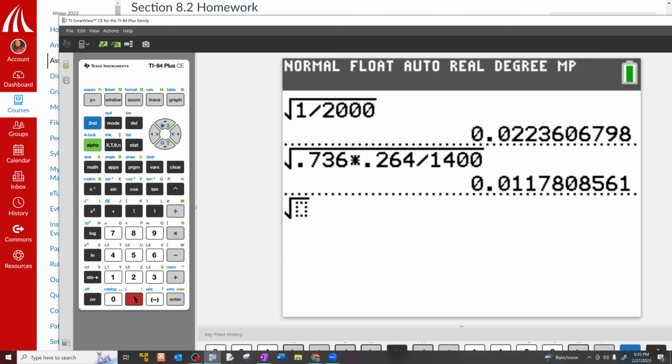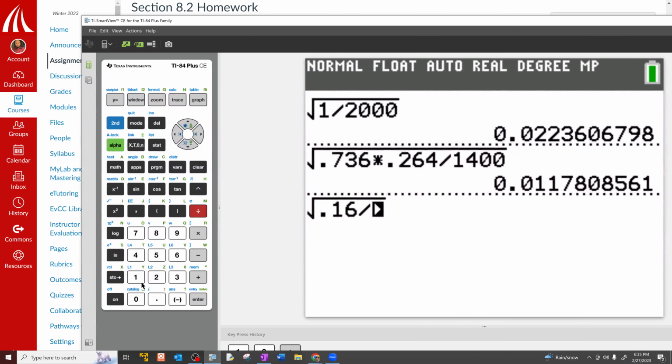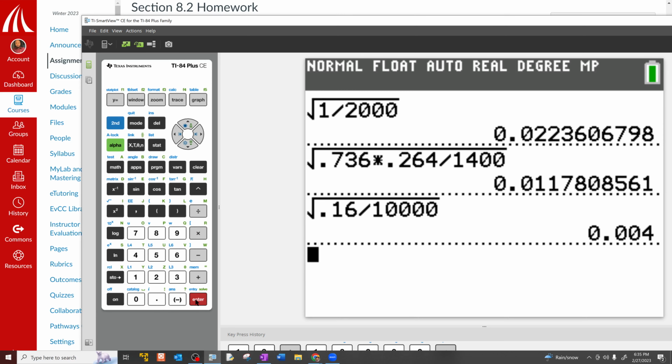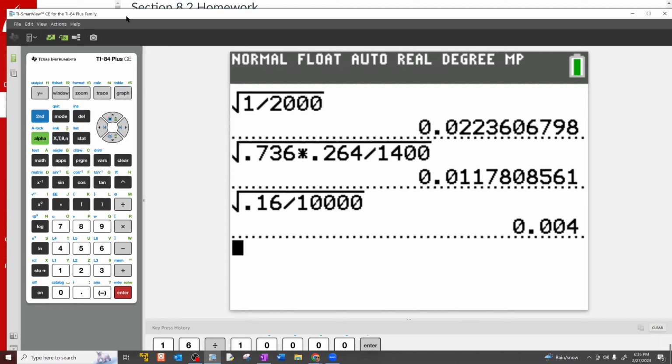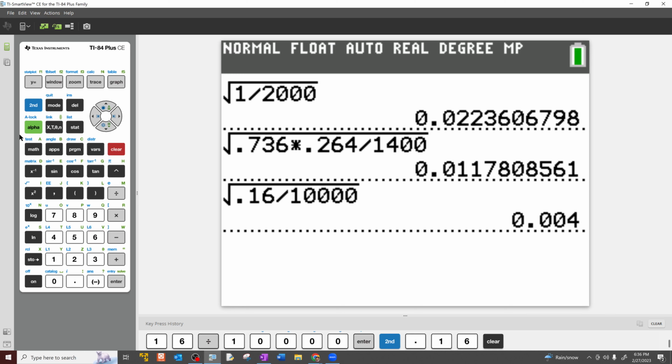So the square root of 0.16 divided by 125.